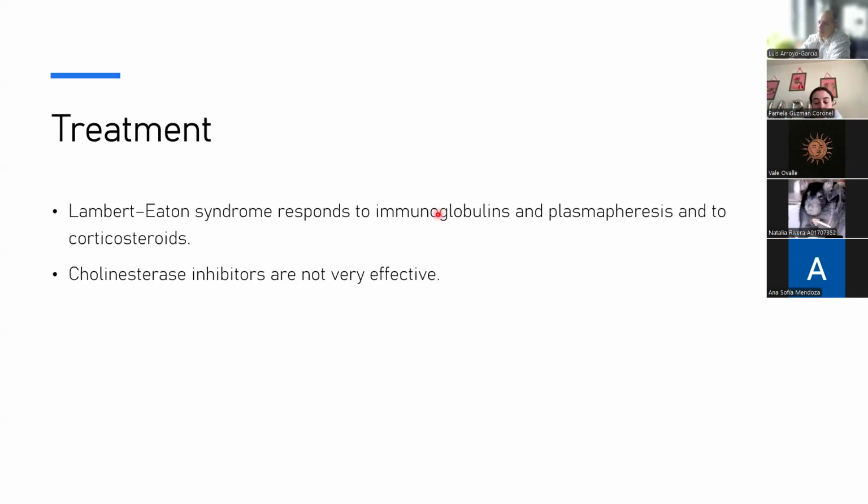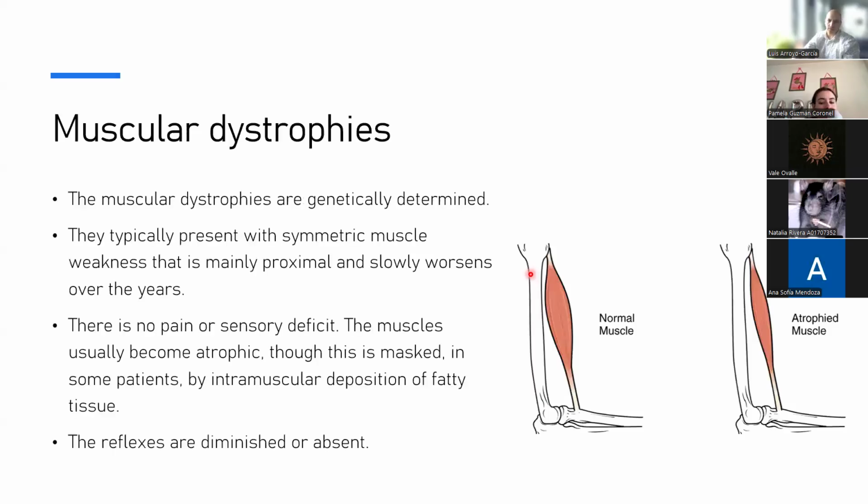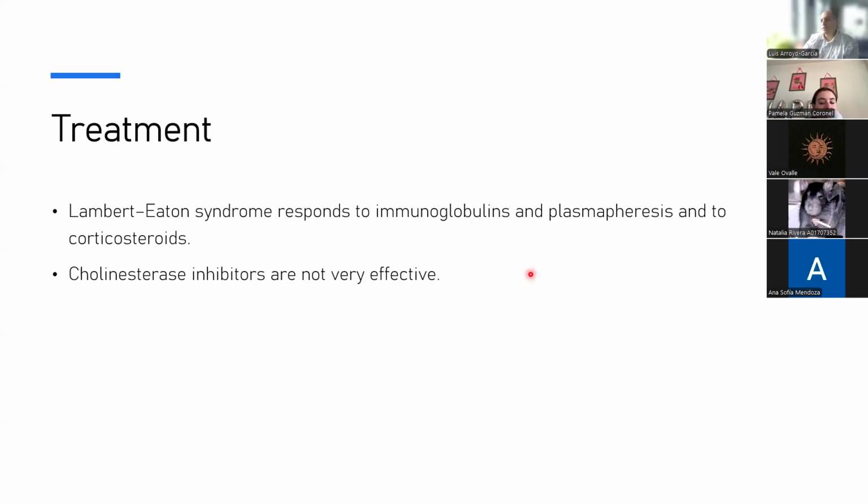Sometimes we can use immunoglobulins, plasmapheresis, and corticosteroids, and in this case the cholinesterase inhibitors are not very effective. But they can still have some effect, since what you need is to make the movement, and in the next release, with cholinesterase inhibitors, you will have more acetylcholine in the synaptic cleft for making the movement.